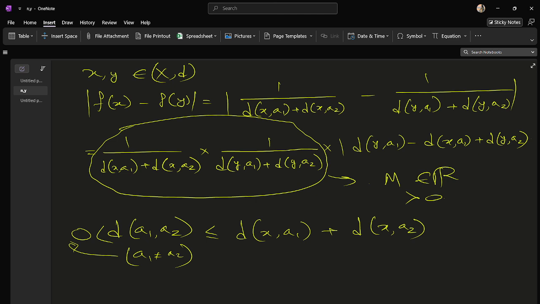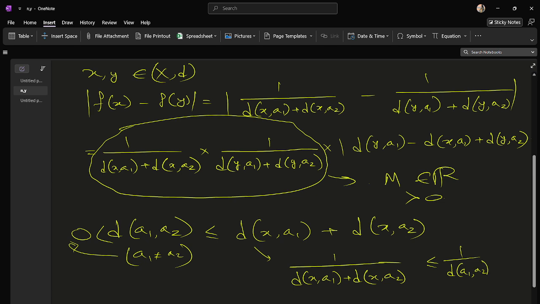So now we can write it in this manner, and that can be renamed as M dash, which is greater than 0 and belongs to R, that means it's a real number.